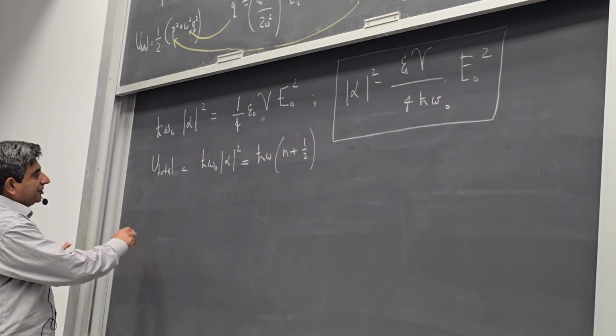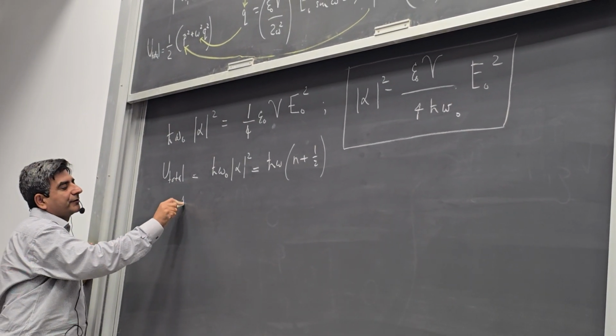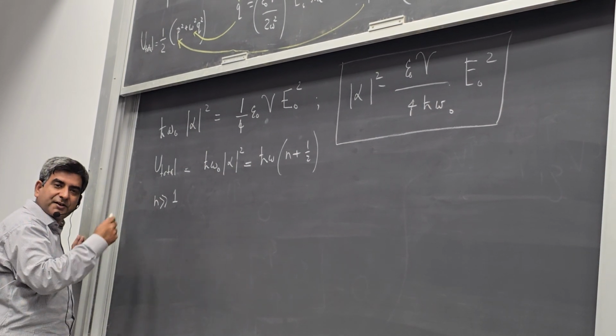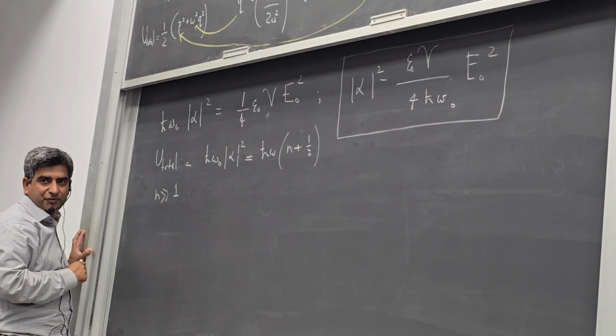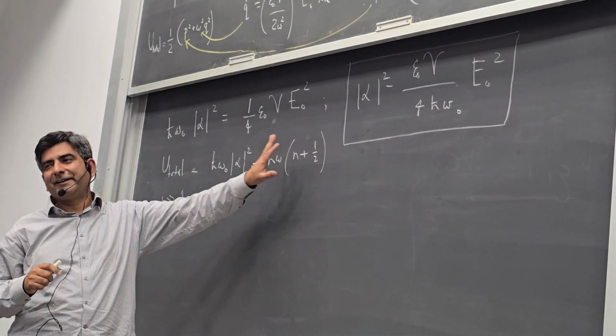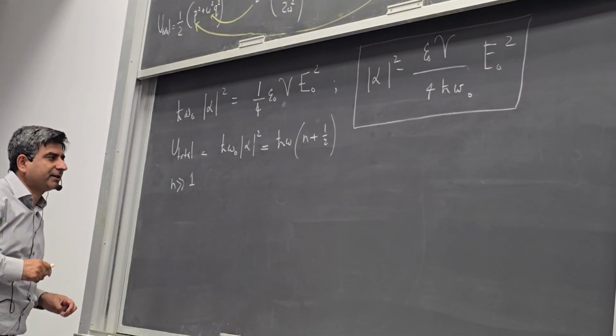Now, if n is large, for a large number of photons, which means large energies, far away from vacuum, if n equals 0, then it's the vacuum state. I'll talk more about the vacuum state in a minute.